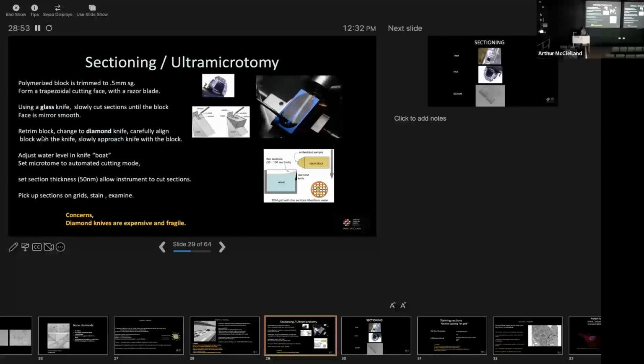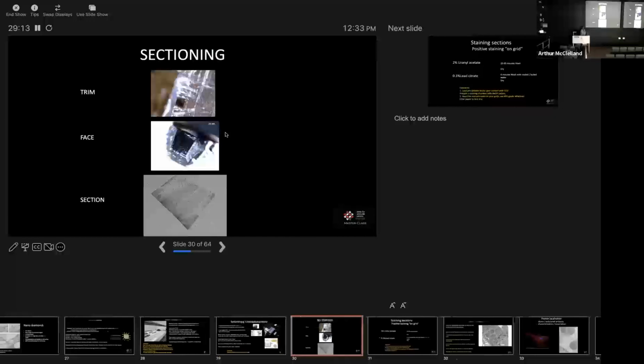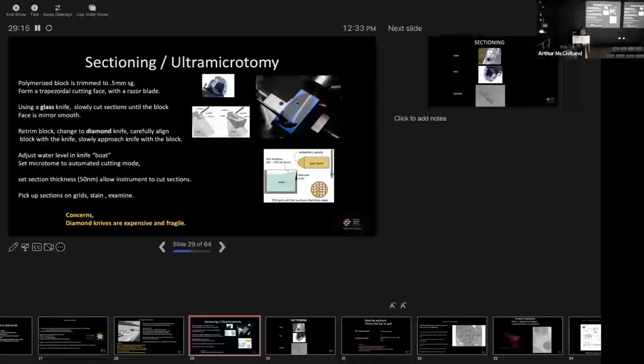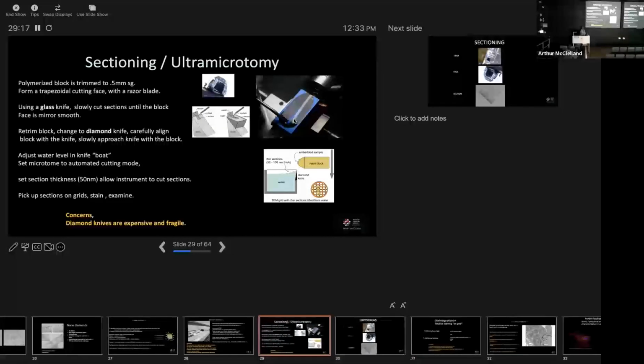Then we're going to take it off the microtome and retrim the block so that our edges are perfectly clean on all four sides, again keeping that trapezoidal shape. We then put it on our diamond knife, which has a boat that we fill with water. Water level is critical to getting this nice long ribbon of sections.